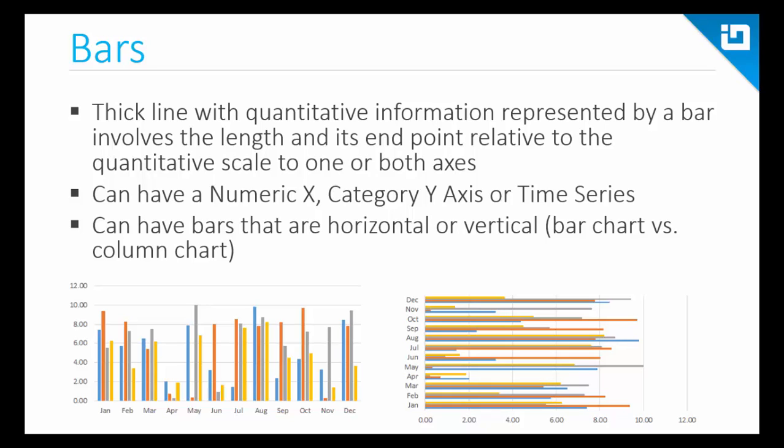Now, a lot of times they're very simple. So we could have, for example, sales by month of a certain store, and that would just be one bar per month. In this example, we have multiple data points, multiple values being compared. So in January, there's actually 4 columns.